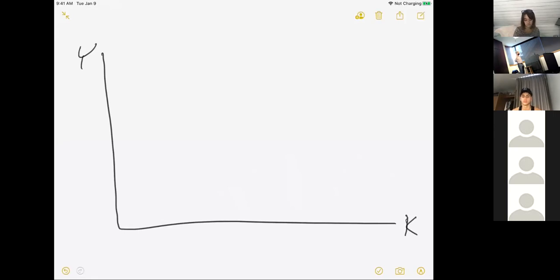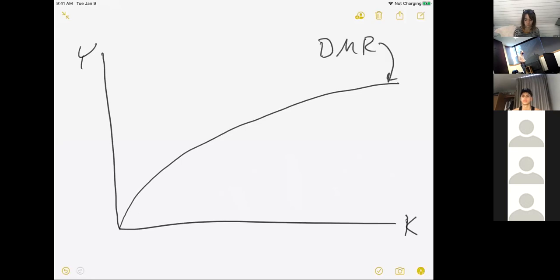Output goes up, but it goes up at a diminishing rate. In other words, the first few units of capital are very productive, but as we get more and more capital, we're getting smaller and smaller changes in output. And that's what we call diminishing marginal returns.